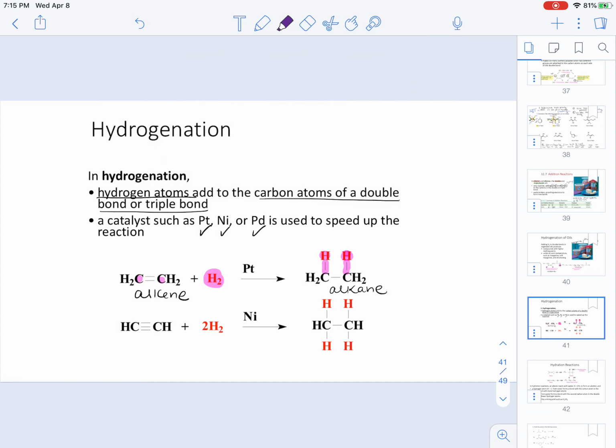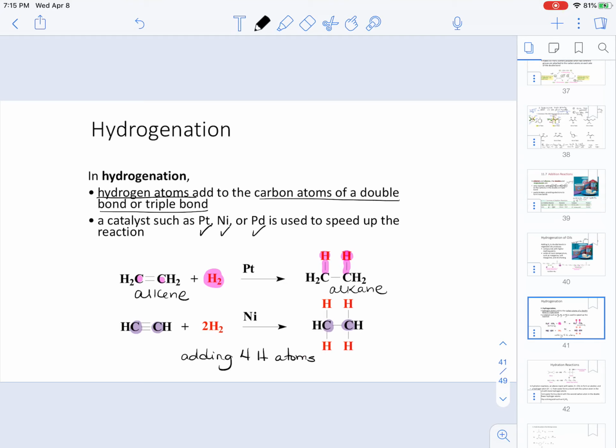When it comes to alkynes, understand that in alkyne we have a carbon-carbon triple bond. So in essence, when we write the product of the reaction, we need to erase two of the bonds, because when the hydrogenation of alkynes occurs, we are going to be adding 4 hydrogen atoms.